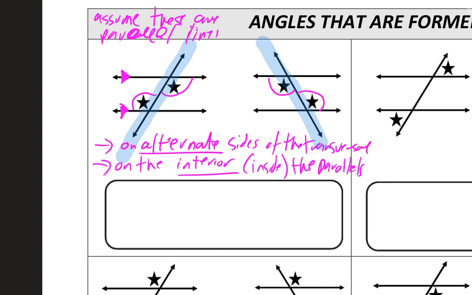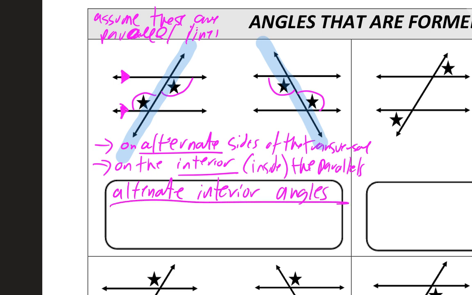So we're going to call these alternate interior angles. They're alternate interior angles because they're on alternate sides and they're on the interior of the parallels. So we're going to call those alternate interior angles, and these angles are always going to be congruent.